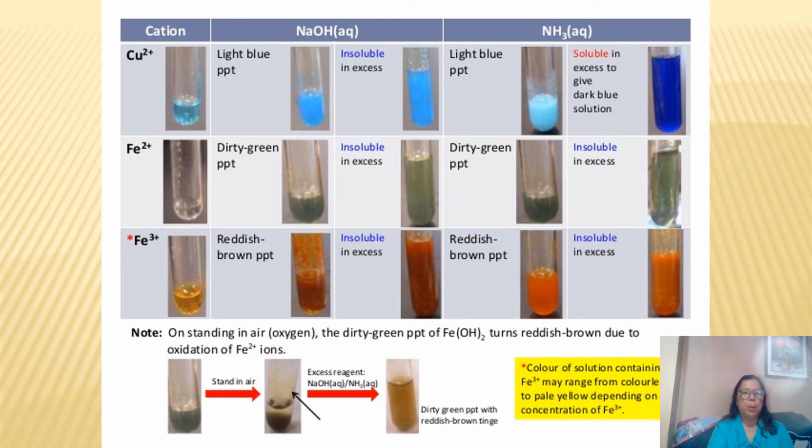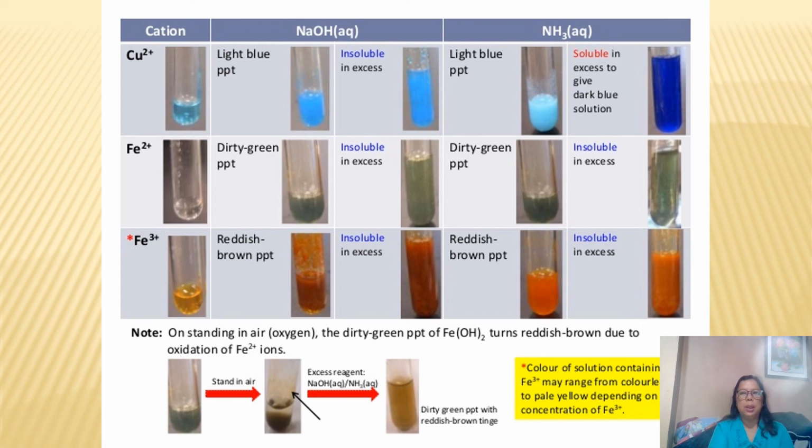For the case of iron, ferrous and ferric, these are both iron, no? When added with sodium hydroxide, the ferrous yielded the dark green precipitate, whereas the ferric yields orange or dark yellow in color. Copper is blue in both sodium hydroxide and ammonia.